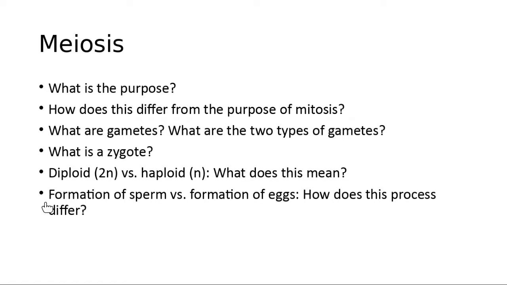Okay. So in class, we actually looked at how the formation of sperm versus the formation of eggs is different. So who can tell me how they're different? Or what stood out to you in that process?